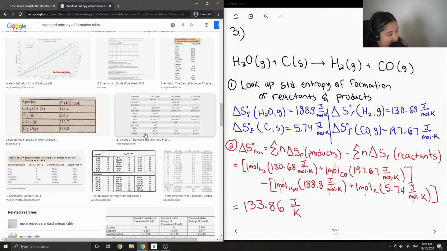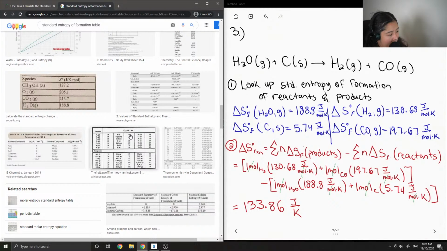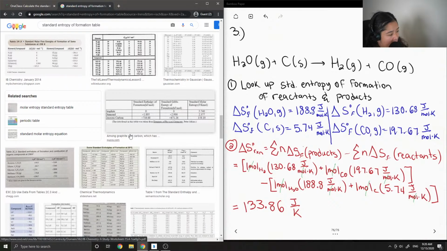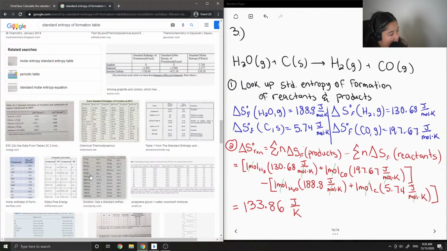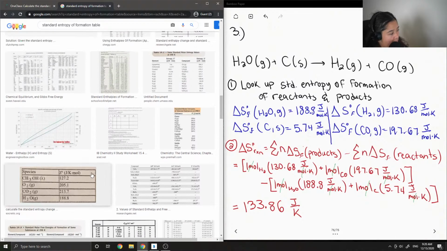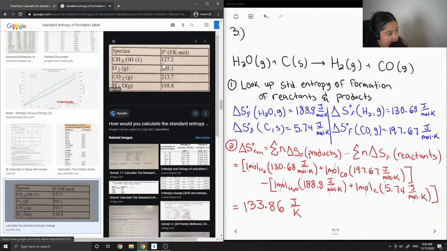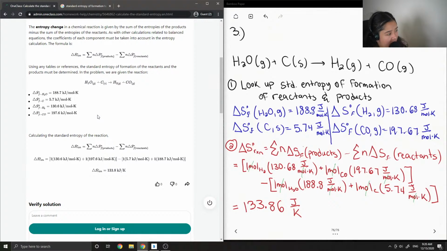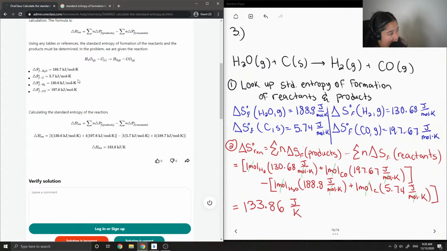This is delta G. Yeah, but for the delta S values, they're usually in joules. Yep, so even here, the delta S for H2O gas is 188.8 joules over mole times Kelvin. So I think it's just a minor mistake that they made.